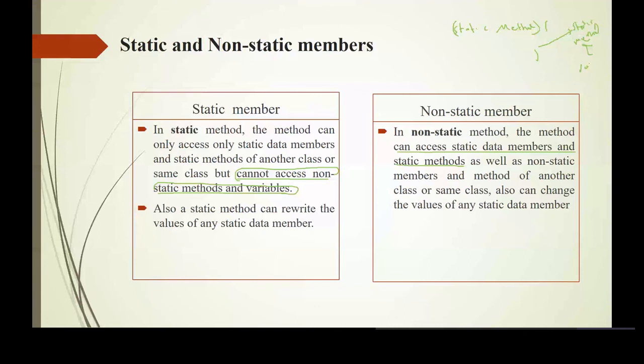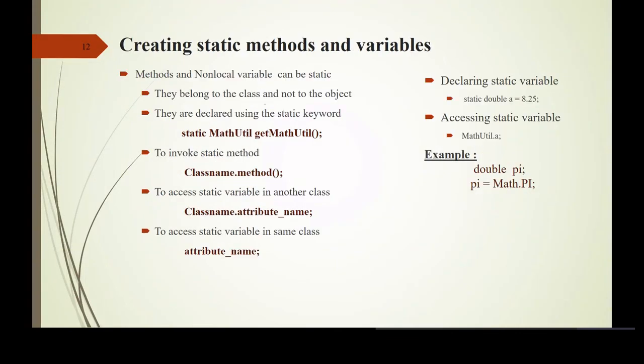Only static methods and static variables. But if the method is non-static, just a public method, it can access both static and non-static. For example, a static variable here, or a static method here, you can have static MathUtil get math function. This is a static variable. It's a static method.